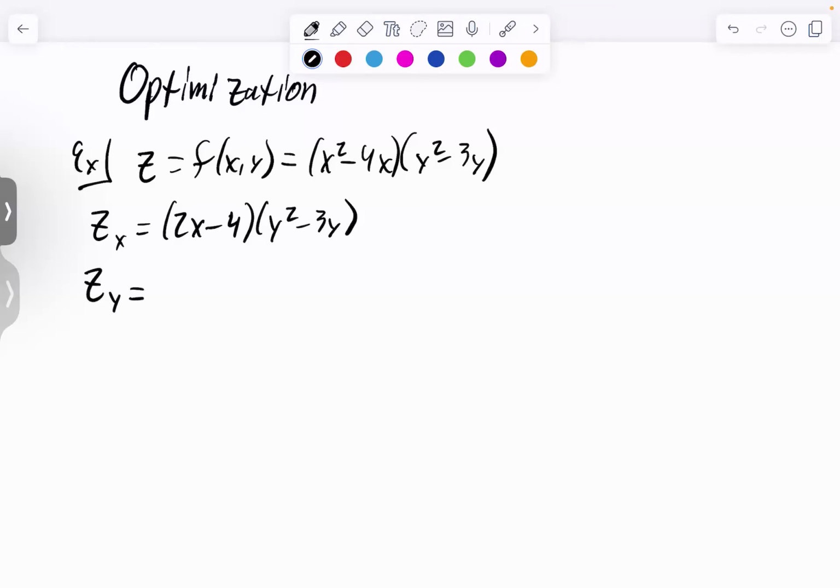Z sub y is going to be the derivative with respect to y of y squared minus 3y, which gives us 2y minus 3. We are now going to solve this system of equations, because we're going to set these equal to 0.